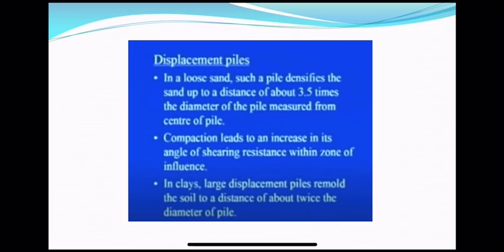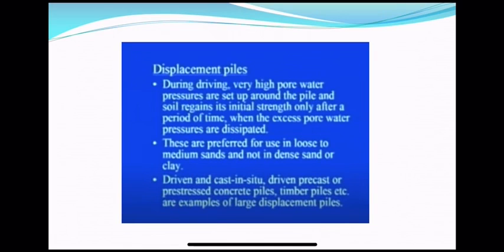Now, what happens in clay is that larger displacement piles displace the soil, whereas in the case of loose sand, that is cohesionless material, the extent of the influence zone was 3.5 times the diameter of the pile. However, in case of clay, it is 2 times the diameter of the pile. During driving, very high pore water pressures are set up around the pile, and the soil regains its initial strength only after a period of time, when the excess pore water pressures are dissipated.